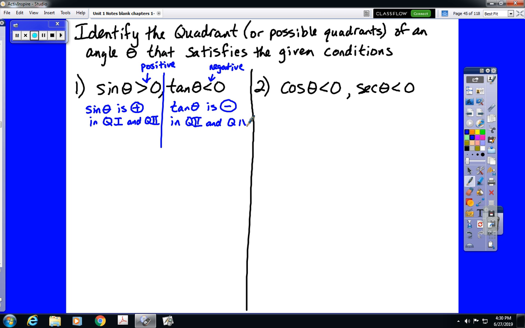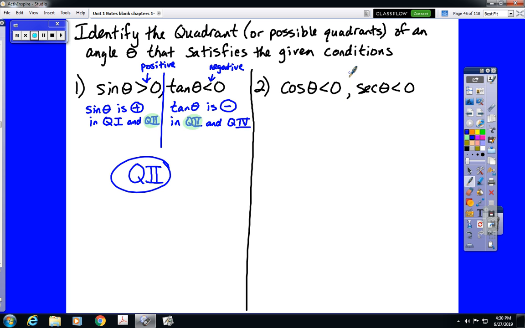Look back at that reference item we created. It's negative in quadrant 2 and quadrant 4. So then we look at those answers separately and we say, what answers do they share? Well, the only quadrant that appears in both of these lists is quadrant 2. So our answer to this question would be angle theta would be in quadrant 2, because that is the quadrant that satisfies both of those conditions.